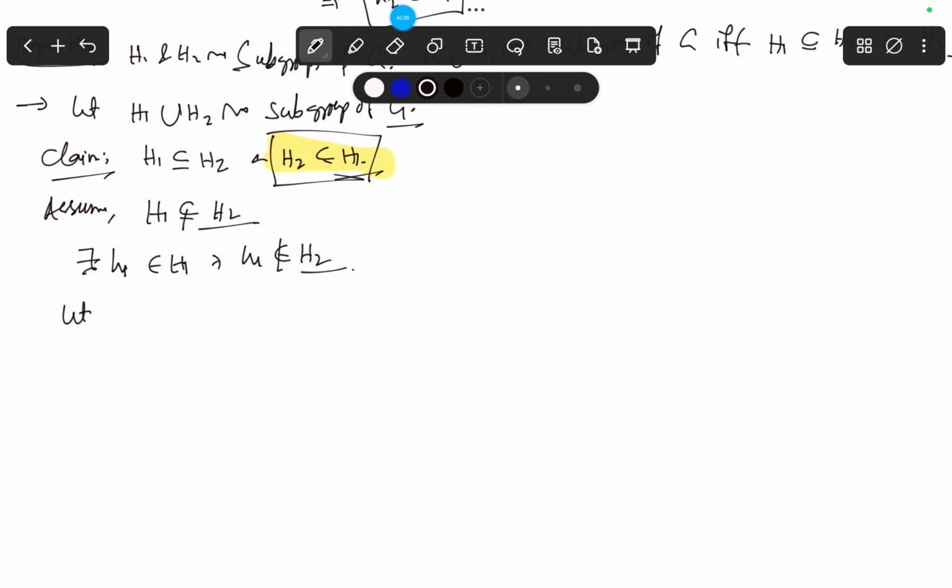So now let us take h2, an element from capital H2. This will imply that small h1 is in capital H1 and small h2 is in capital H2.